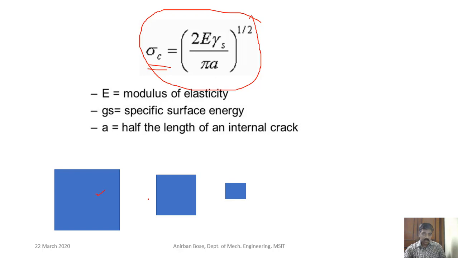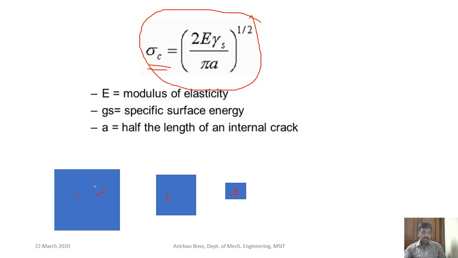Let us consider this is 1, this is 2, and this one is 3. Now in these 3 samples, can you tell me which one will easily break? From your intuition, you know that the larger one is more prone to break compared with the other ones, and this one is less prone to break, right? Because the size is small. The question is how can you conclude mathematically that this is true?